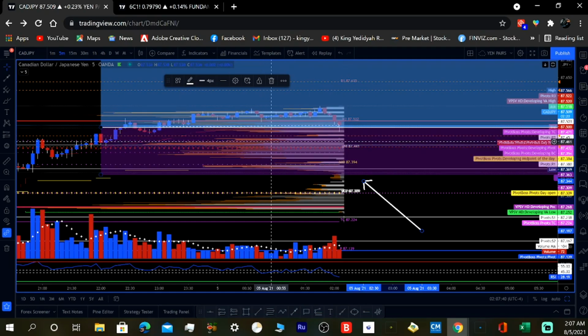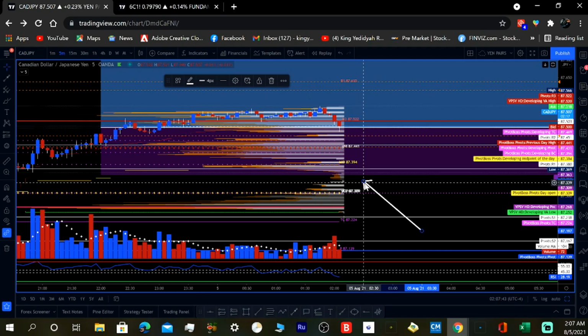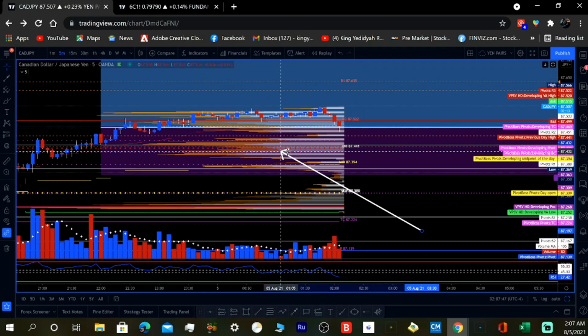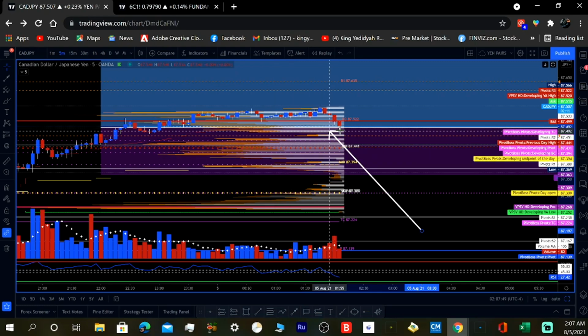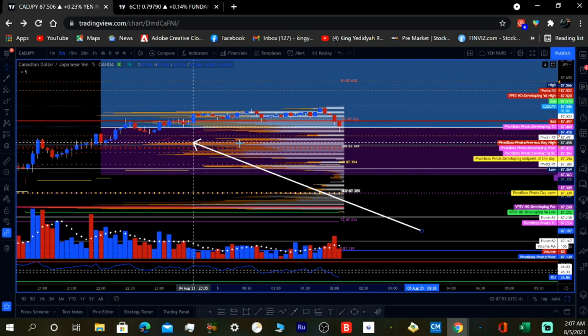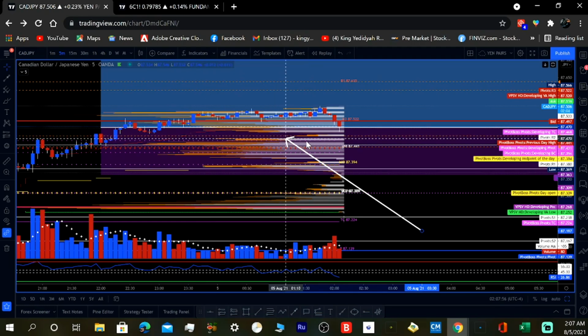Let me pull out the arrow because it keeps messing it up. So you see we have a lot of volume in this area right here. We have a little hole, like a gap. So this is low volume, but right before that it's a lot of volume.